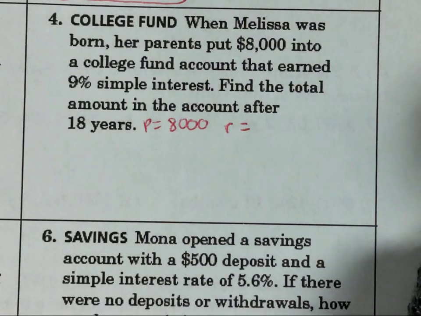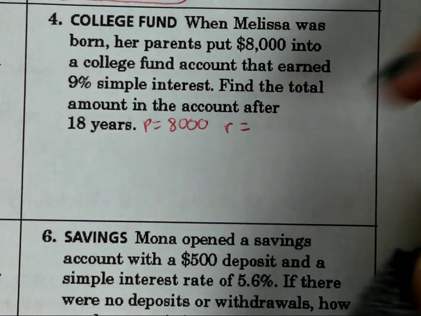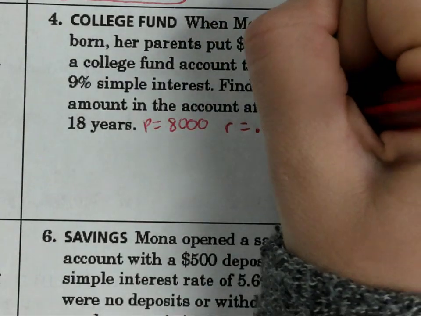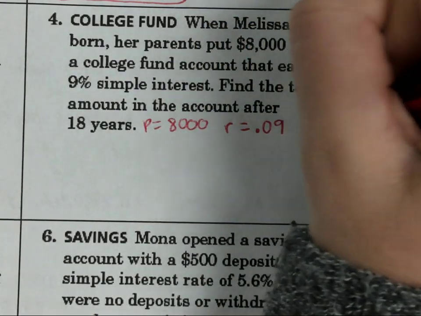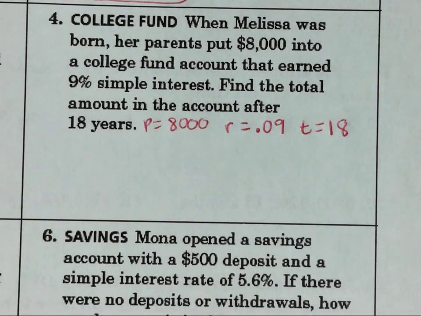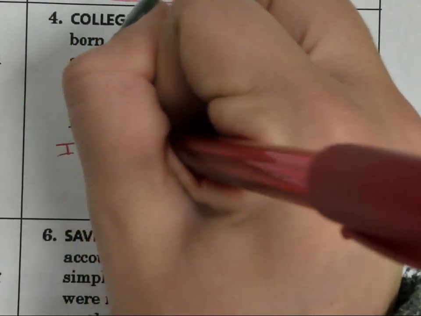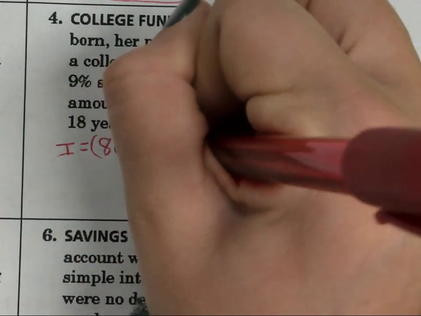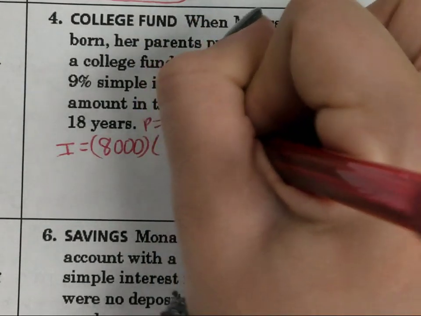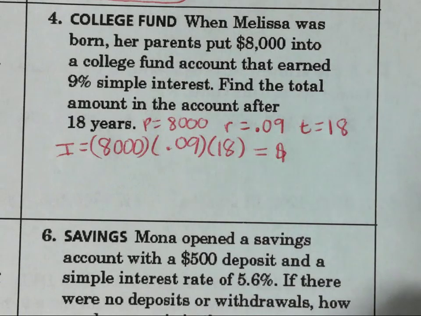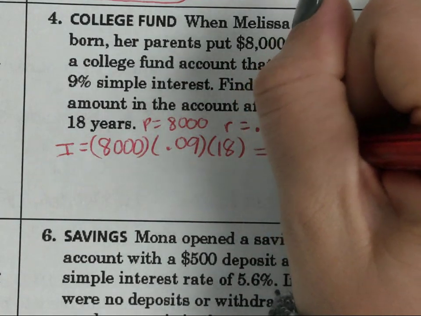My R as a decimal, 0.09. And then my T is 18 years. So when I find my simple interest, $12,960.